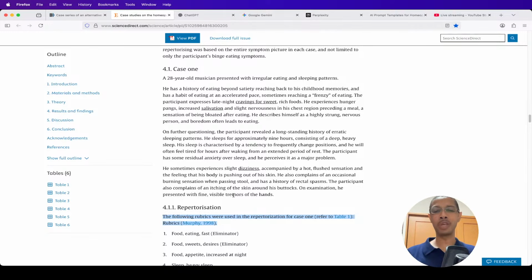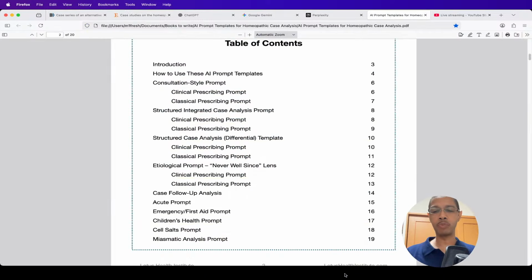So they used Dr. Murphy's repertory in their case study, so I thought it worked really well. We've got a case here that we're going to put in, and then we'll go back to the prompts in the prompt pack. We're going to use these, which are specifically designed to help with some of this analysis.